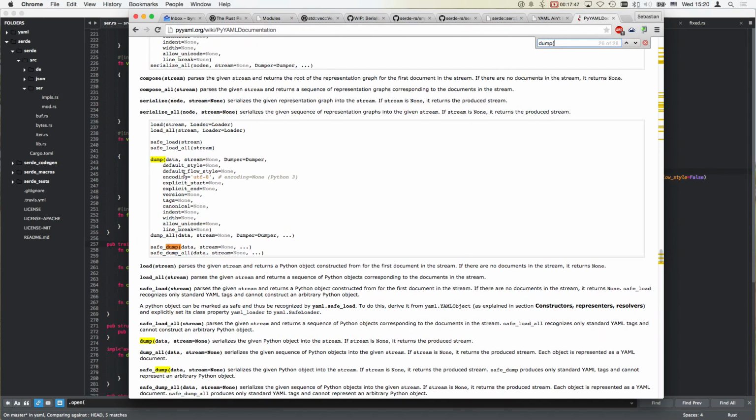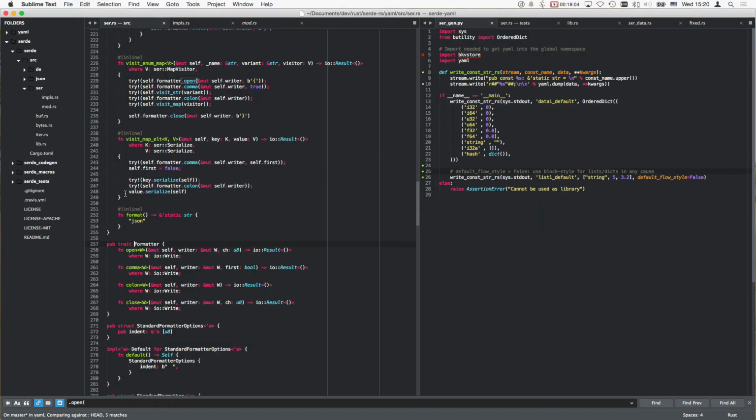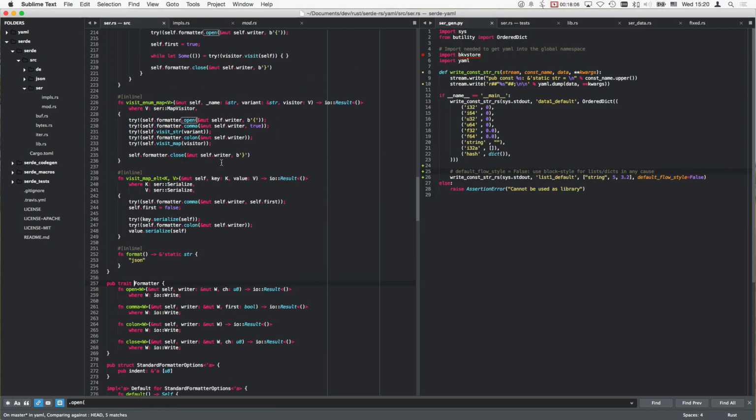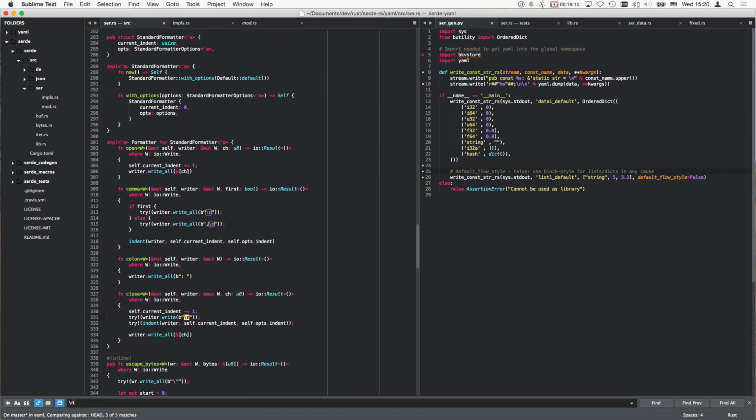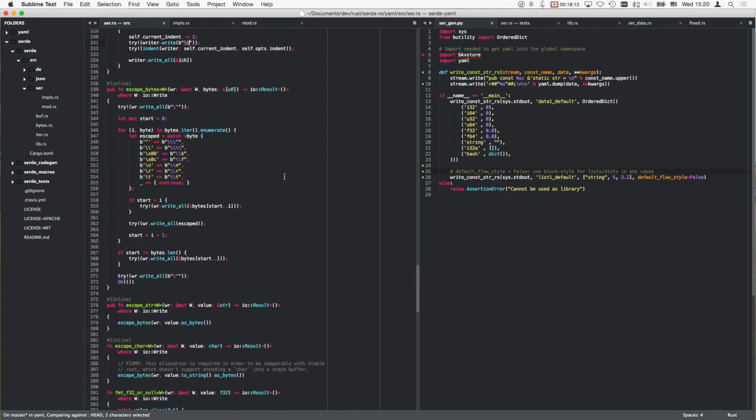So default style, default flow style, explicit start, explicit end. Tags, canonical, indent, width, allow Unicode, line break. All right, so the line break character can be specified. Probably a lot of stuff can be specified here. Do we have an explicit line break character here? We do. Line break.